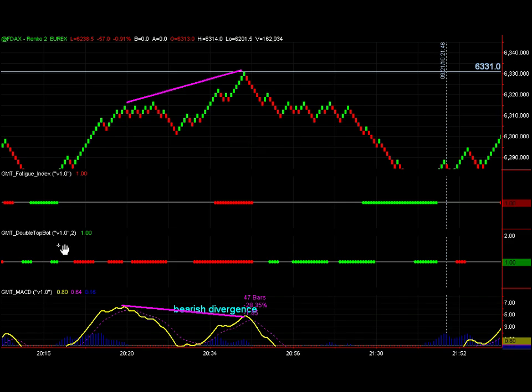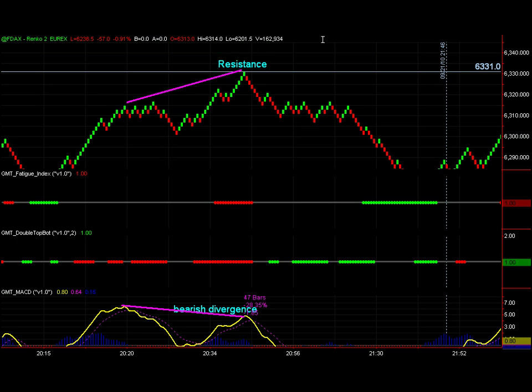The GMT double top, double bottom indicator is telling us there is a potential here for us to be trading off support or resistance. If we're moving up in the market and price is pushing higher, then this is what we call a resistance level. It's already gone back through the chart and picked up areas of resistance that we could potentially use to sell off.